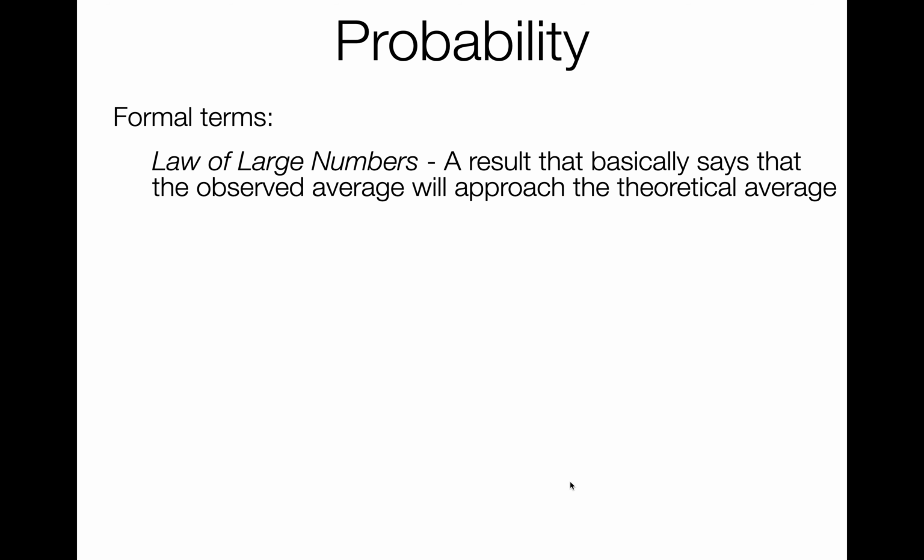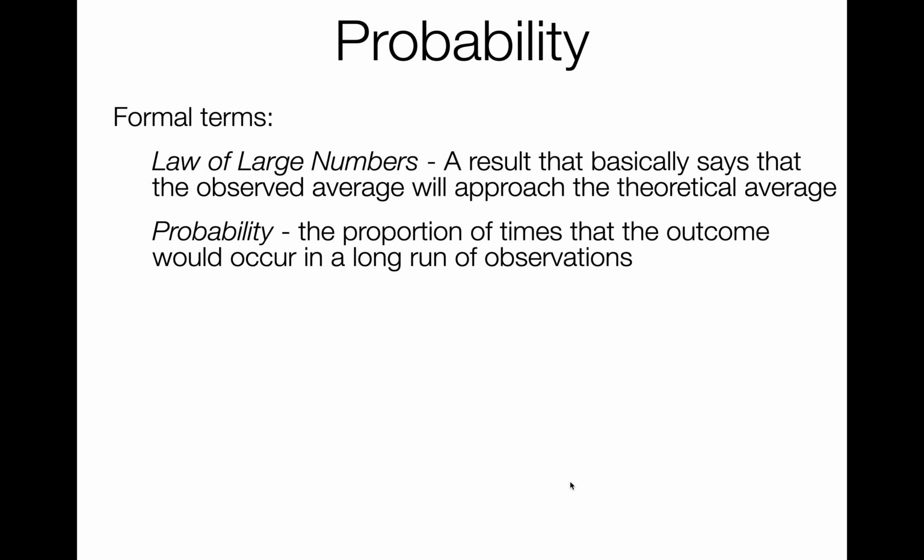The law of large numbers says that those two numbers will approach each other as you get more and more observations. And so, along the same lines as my basic definition before, with some more formal terms here, the proportion of times that an outcome would occur in a long run of observations is equal to the probability of an event. Okay, so with that law of large numbers, that changes our definition of probability ever so slightly.